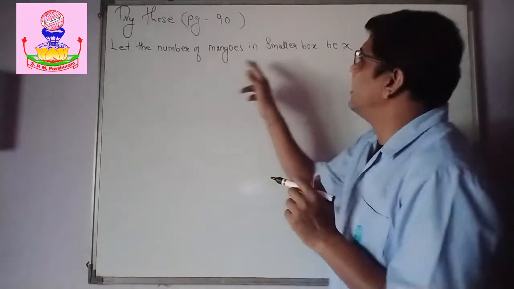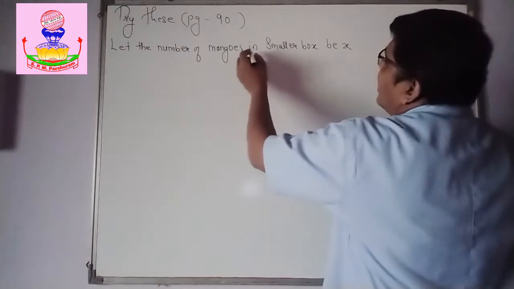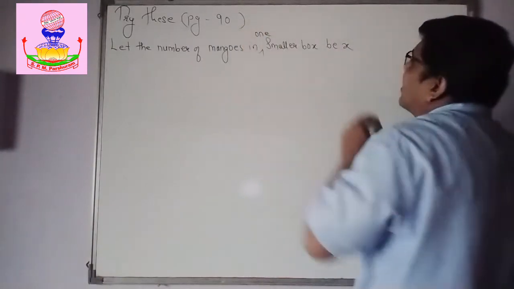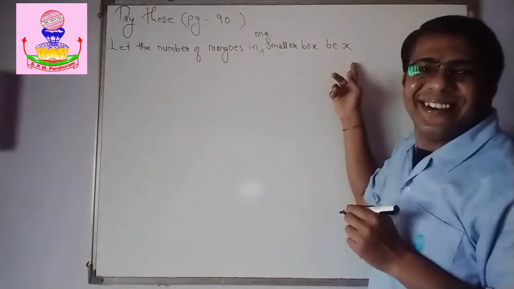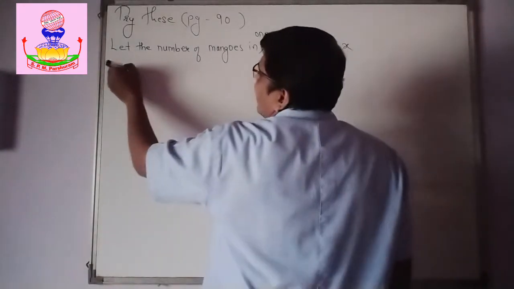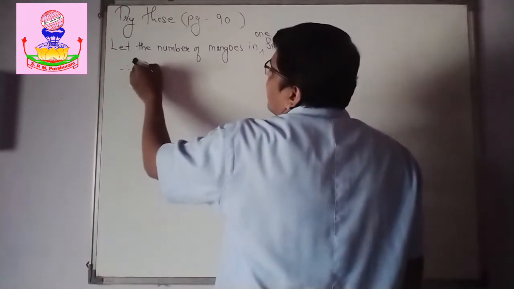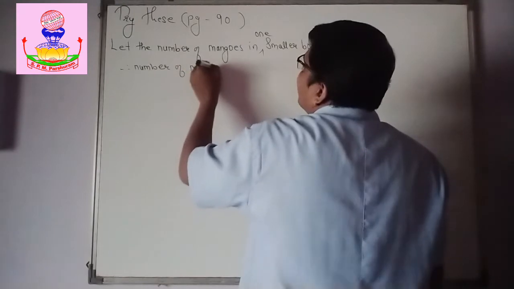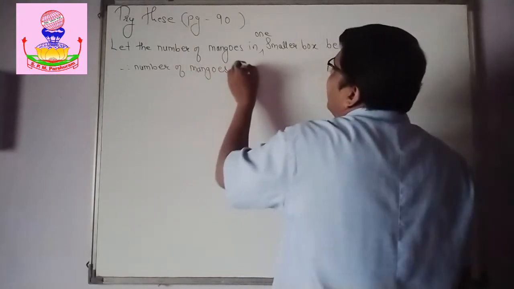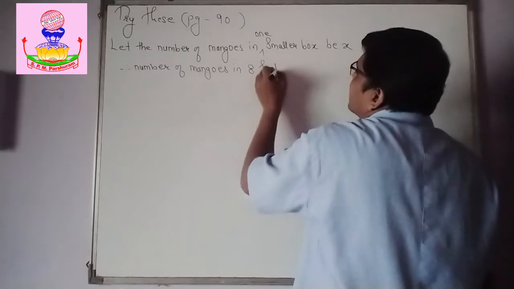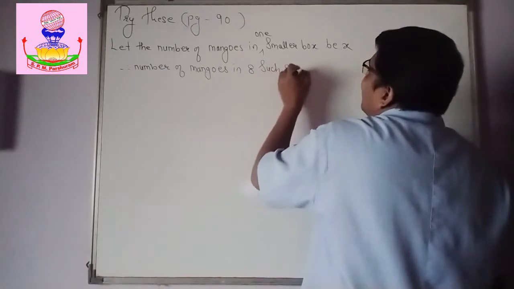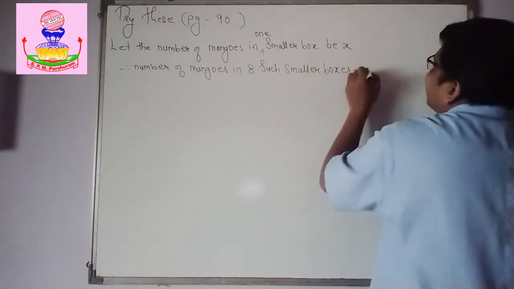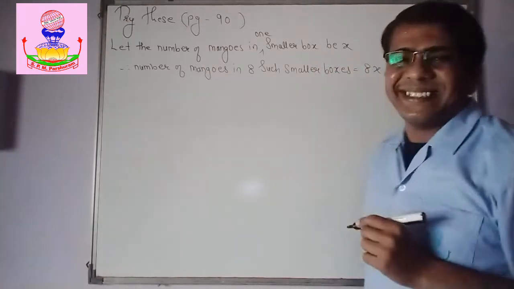So let the number of mangoes in one smaller box be x. Okay, so therefore number of mangoes in 8 such smaller boxes, what it will be? Yes, 8x, multiplication.